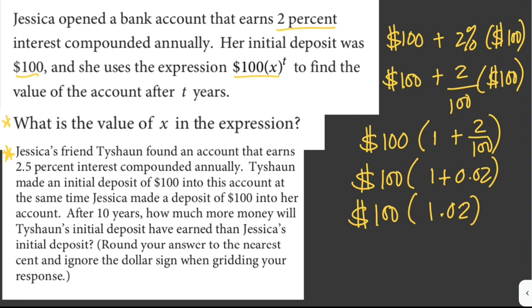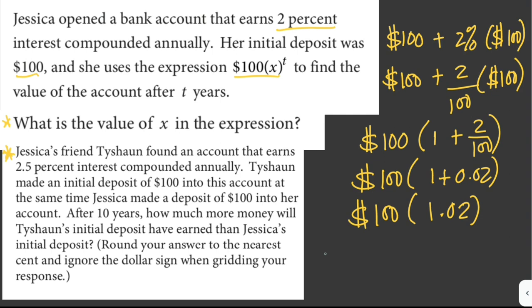So it's $100 times 1.02. Since the interest is compounded annually, the value at the end of each succeeding year is the sum of the previous year's value plus 2% of the previous year's value. This is equivalent to multiplying the previous year's value by 1.02.